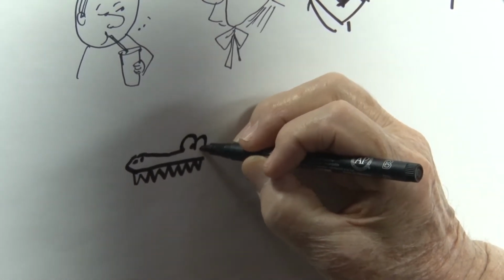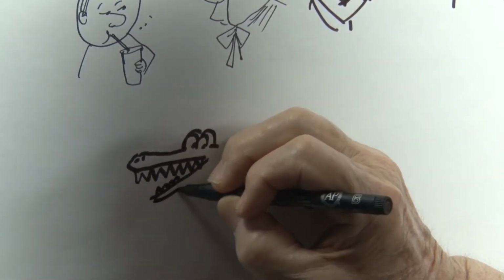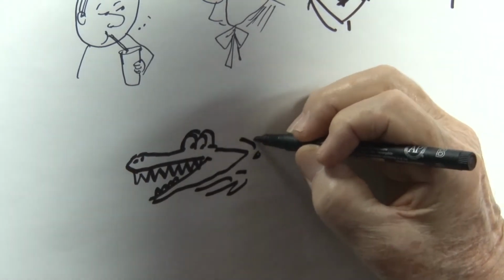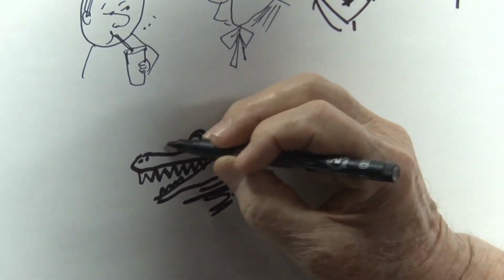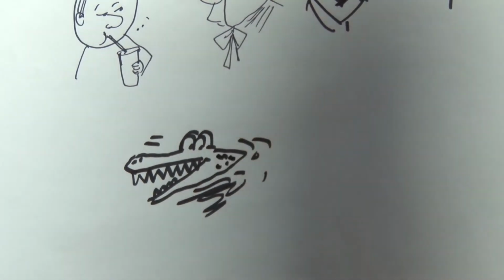This character is not prehistoric, but he's still pretty vicious. So there you have an alligator out in the swamp country, daring you to come swimming.